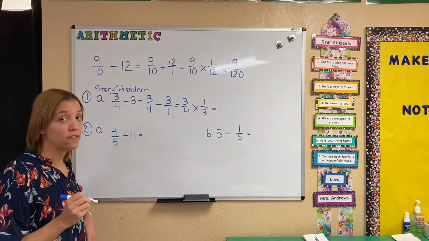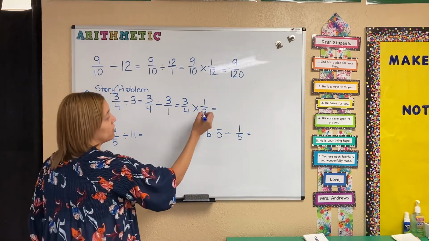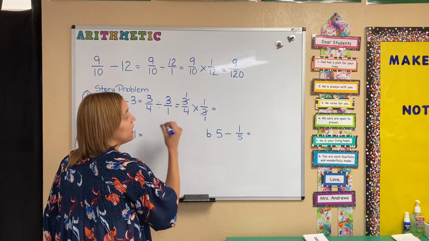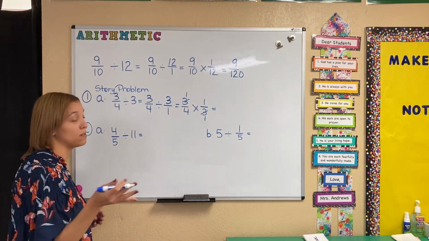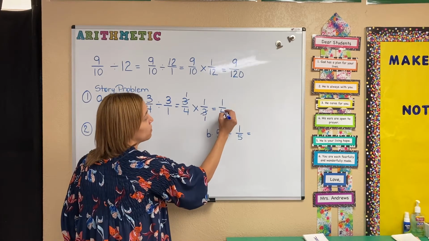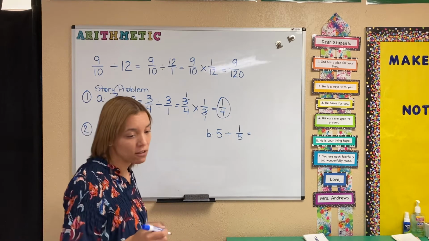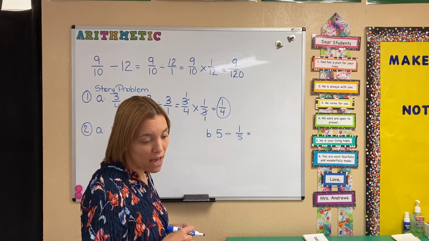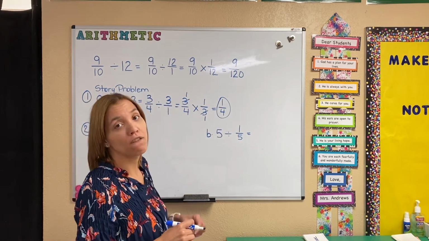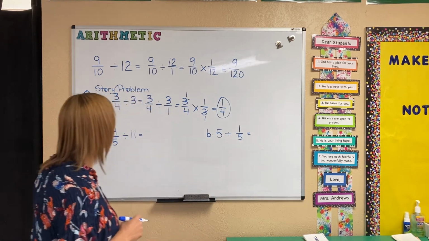And looking at the fraction, we know that 3 goes into 3 one time, so we cancel that out and do 1. And now we just straight across multiply. 1 times 1 is 1. 4 times 1 is 4. So our answer is 1/4. So what part of a pound was in each box? It would be 1/4 of a pound. Okay, that would be the answer.